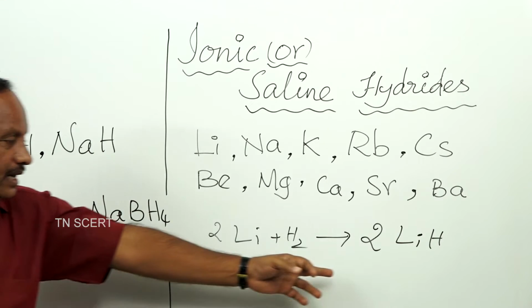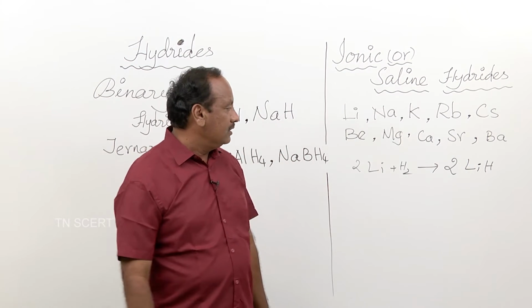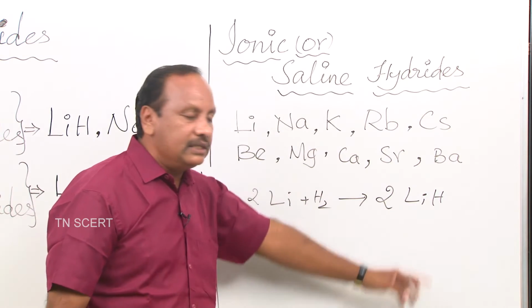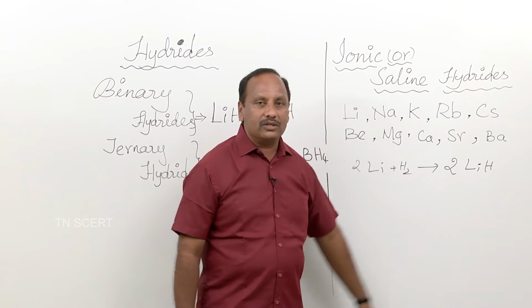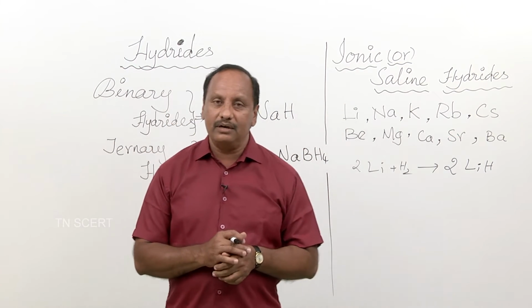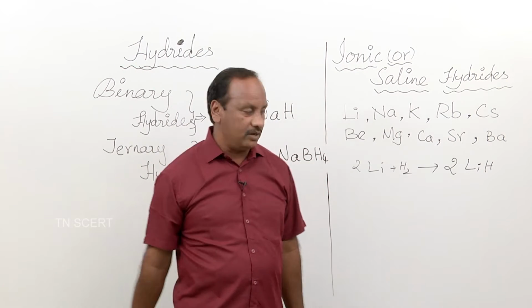So, in lithium hydride, an ionic bond is present between lithium and hydrogen. Lithium exists as Li plus ion and hydrogen exists as H minus ion. Lithium gives an electron to hydrogen and it exists as Li plus ion and hydrogen exists as H minus ion, that is hydride ion.